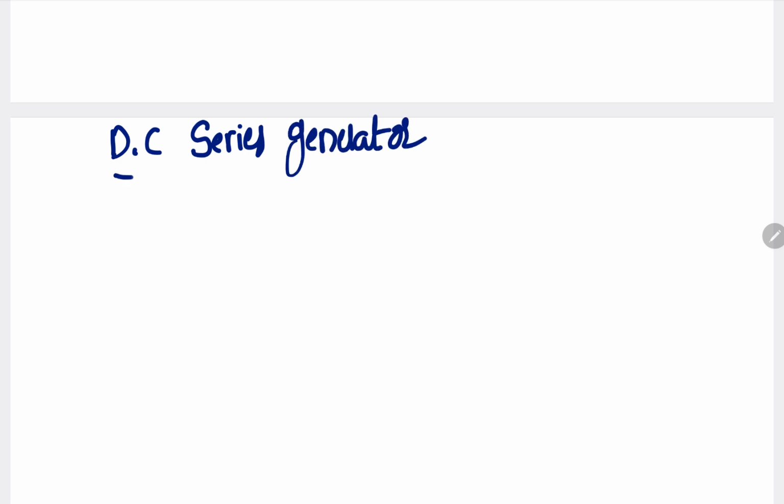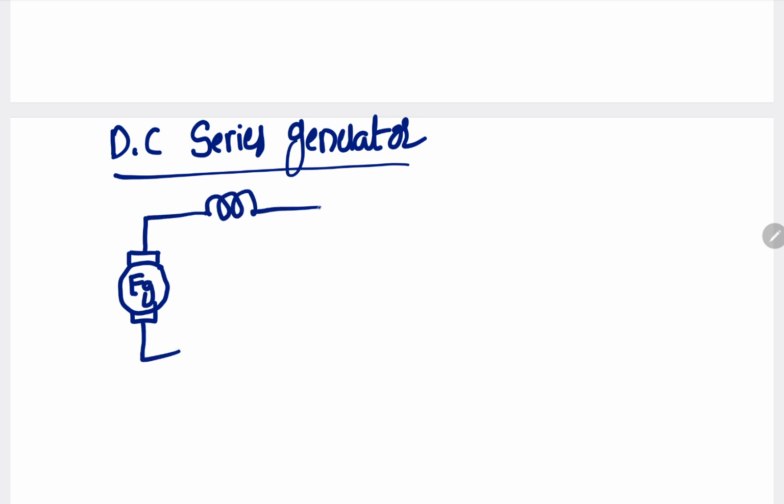Next we will see the DC series generator. The next type of generator is the DC series generator. See, the armature winding, with EG, is connected in series with the field winding.